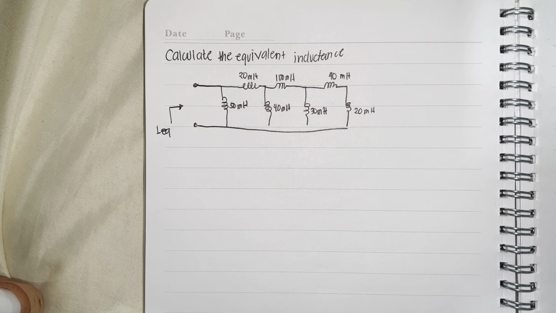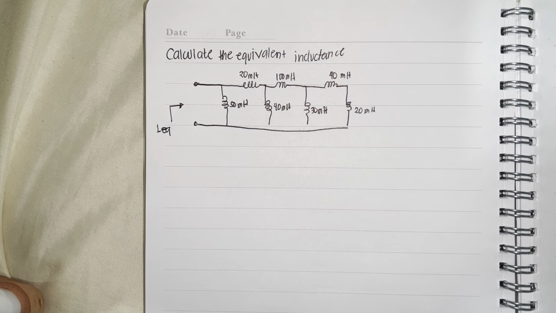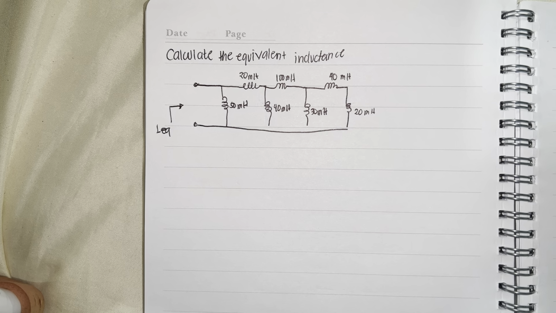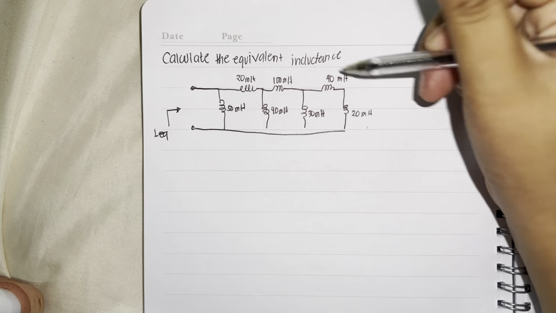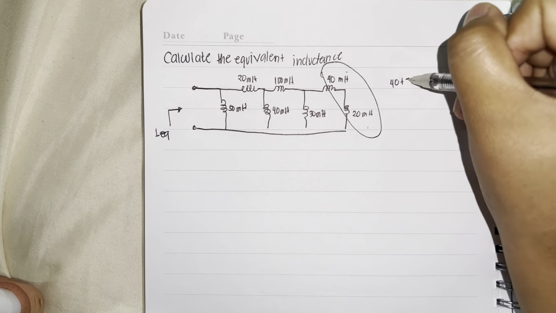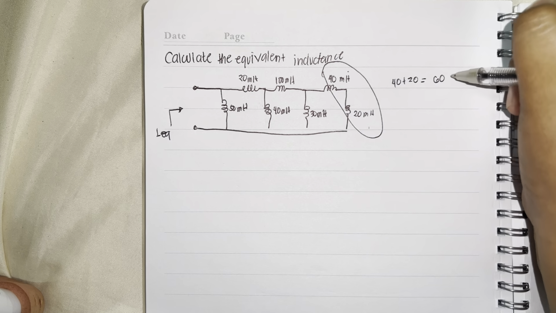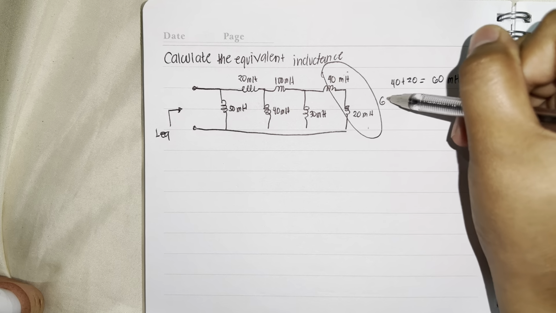So this is another example of an inductor problem, and the problem is to calculate the equivalent inductance. So let's start. We will calculate this one in series: 40 plus 20 is equal to 60 millihenry. So this one is already 60.